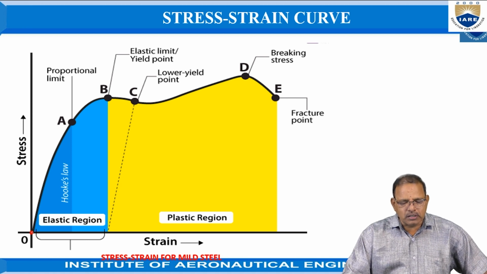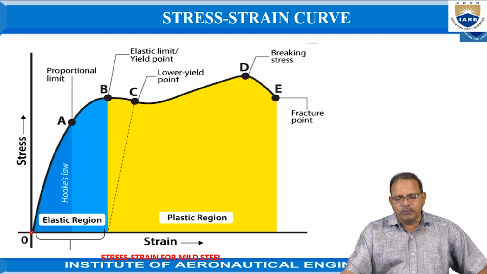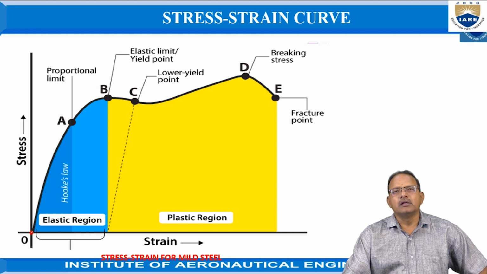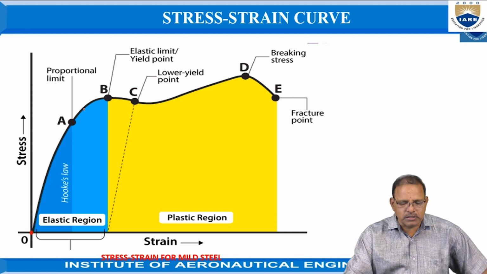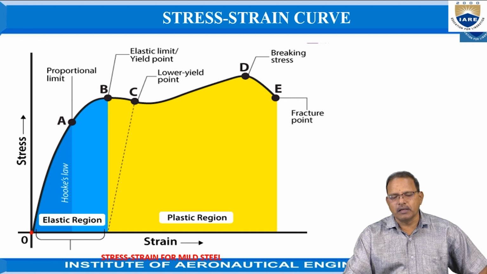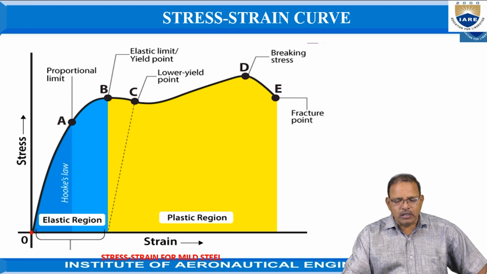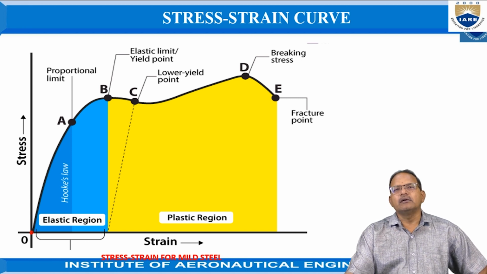Now from A to B, even though on increasing the load acting on the specimen the strain produced also increases, it is not at all proportionate. Hence, the shape of the curve between A and B is curved. This point B is called the elastic limit.